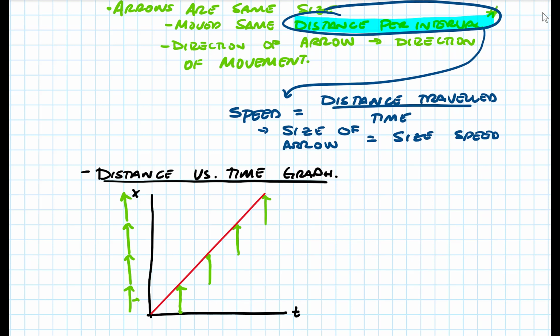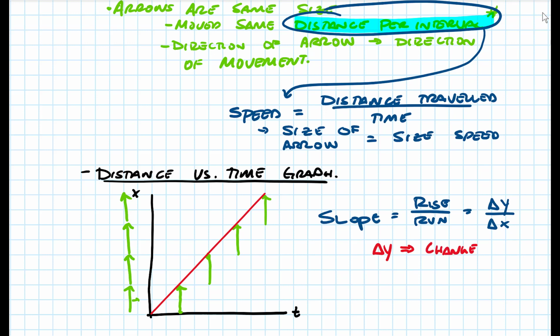Now, for any graph, if you remember, slope is the rise over the run, or your change in your y values divided by your change in your x values. Well, in this graph, your change in your y values is change in position, and your change in your x values is your change in time.